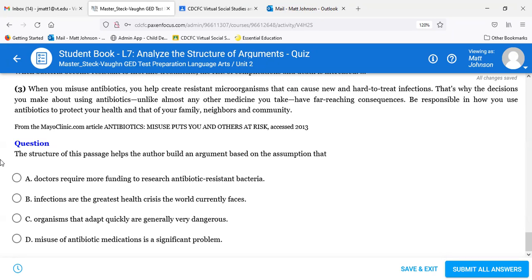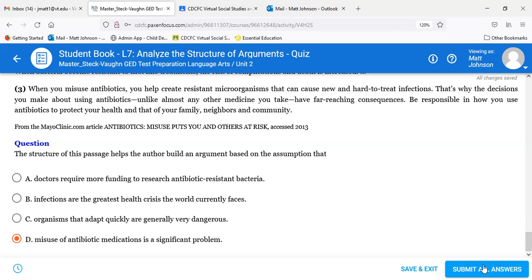C. Organisms that adapt quickly are generally very dangerous. And D. Misuse of antibiotic medications is a significant problem. D? Yeah, D as in dog, right? Misuse of antibiotic medication is a significant problem.